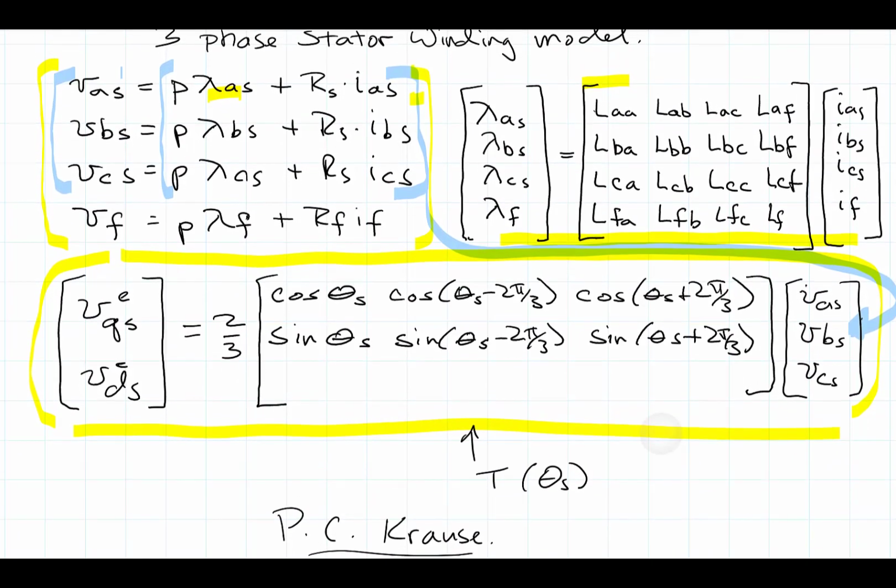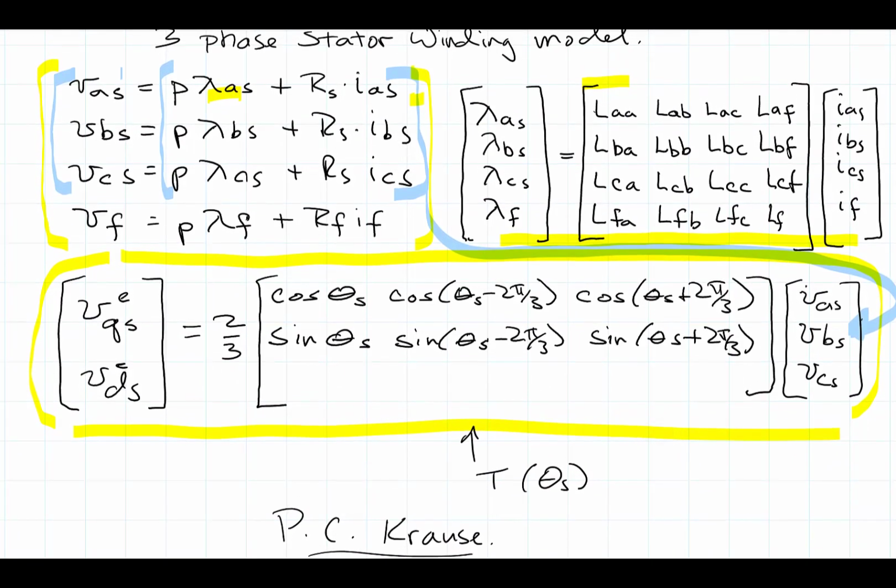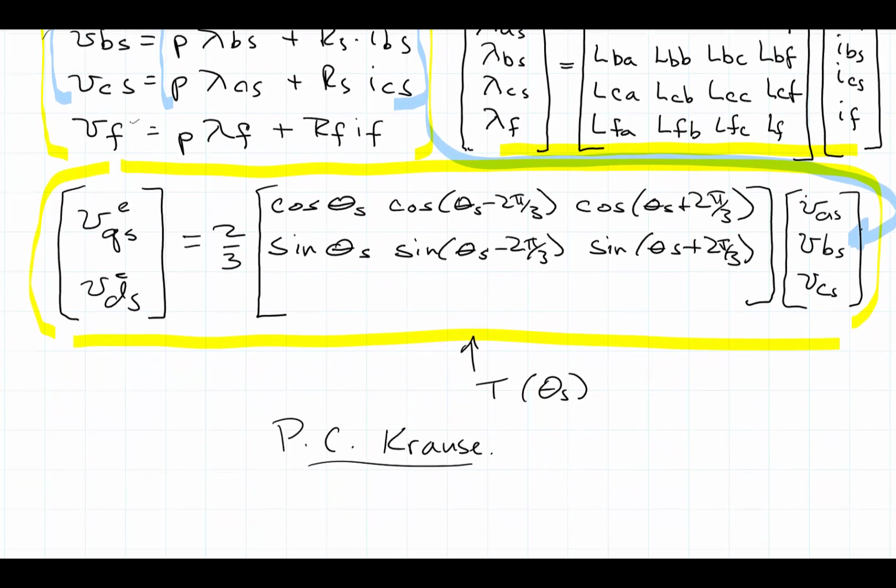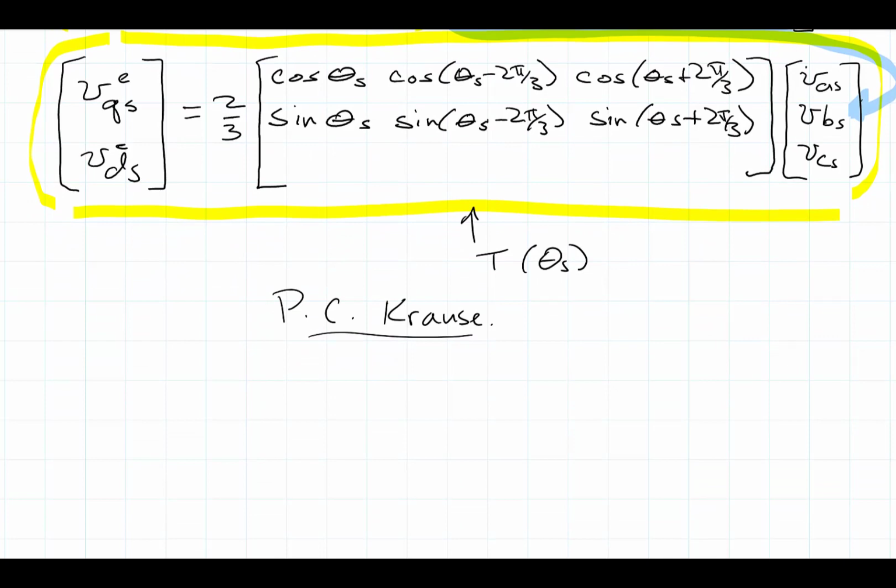So we started with 4 windings here, because we have 3-phase windings and we've got that field winding on the rotor, and we're going to get them down to 3 because we're going to knock down the number of stator windings to 2. And we're going to have all of our expressions now written in the synchronous reference frame. And so this is what the voltage equations end up becoming in the synchronous reference frame for the synchronous motor.